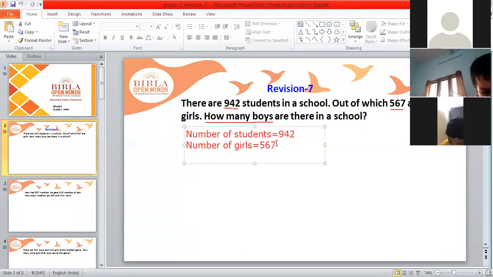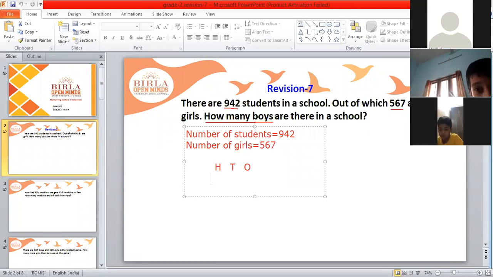Now we'll subtract these two numbers. Before that, we have to arrange these numbers in ones, tens and hundreds columns. This H stands for hundreds, T stands for tens, and O stands for ones.